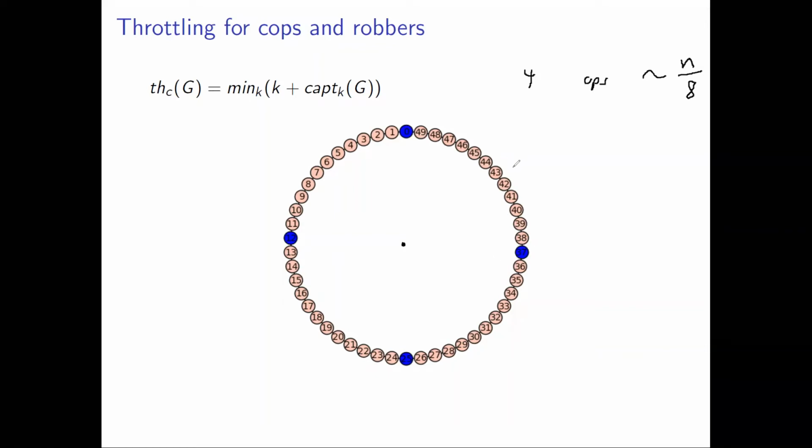So wherever the robber goes, these 2 cops just close in on the robber. It takes approximately n over 8 turns at most for them to reach the robber, and it will take approximately n over 8 if the robber places themselves initially exactly halfway between 2 of the cops. So with 4 cops, the capture time is around n over 8, and if we did 8 cops, the capture time would be approximately n over 16.